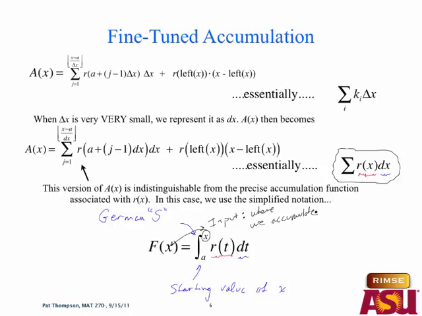So in our example that we just did, what was the value of the input? We did 1.4 seconds. So that would be like F of 1.4, 1.4 being the final value that we're going to accumulate to. But the function then gives us the whole thing, right? We could pick any input value and it would give us the accumulation to that point. The beauty of a function, right?